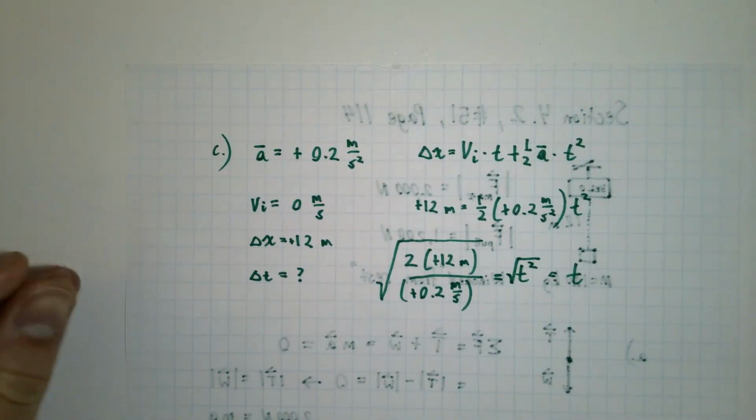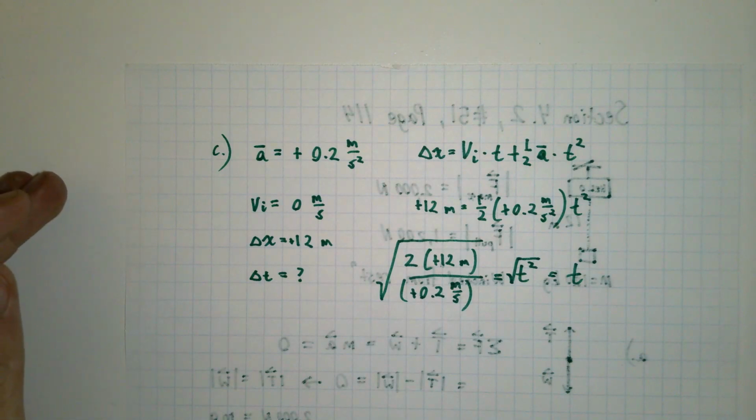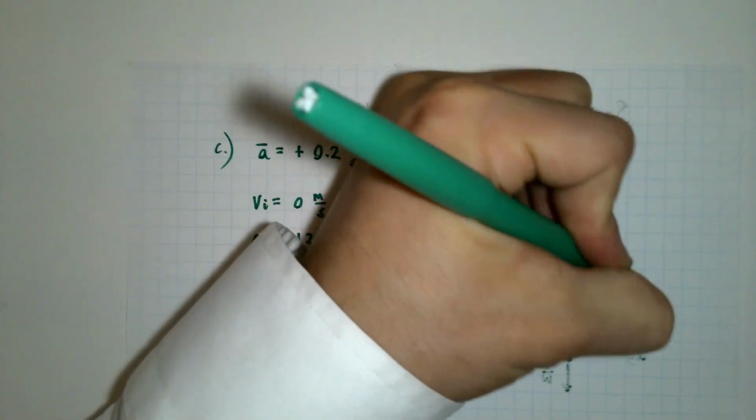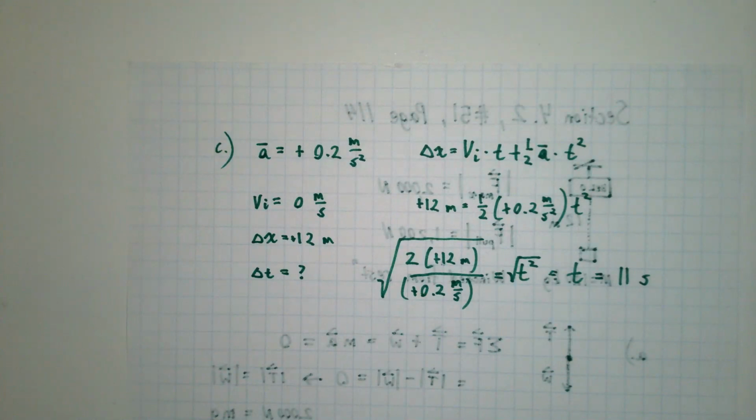So I put this in my calculator as 24 divided by 0.2, which is 120. Square root of 120 is 10.95 seconds. I have two significant figures here that I'm working with, so our time is 11 seconds.